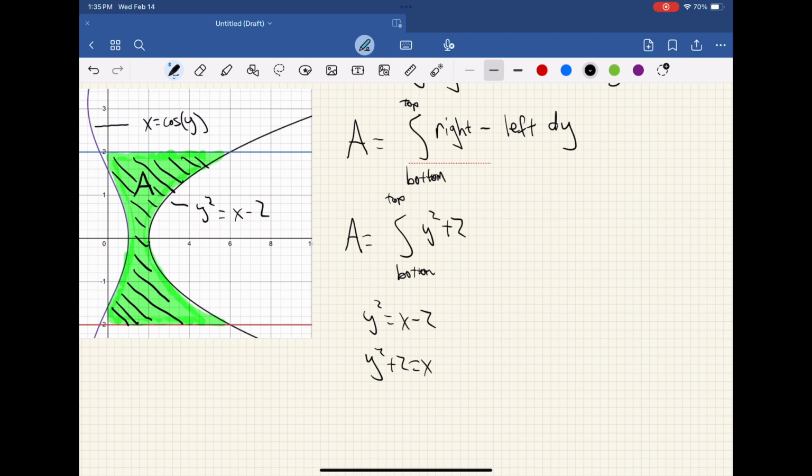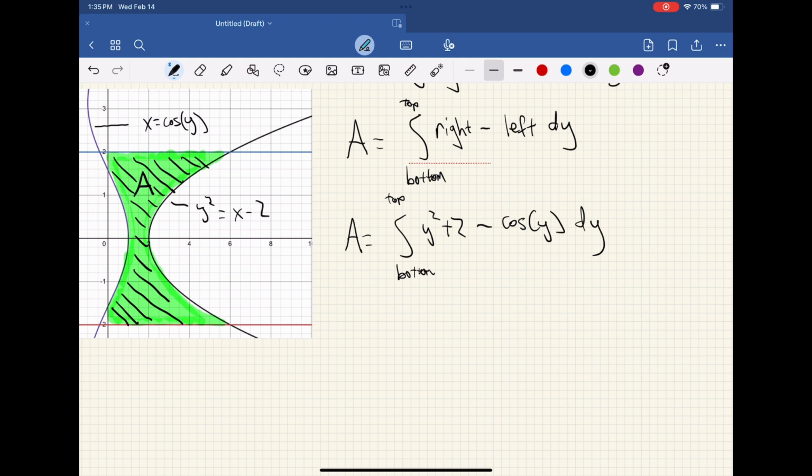Okay? And then our leftmost function, which is what we're going to subtract, is x equals cosine y. So cosine y dy. So our integral for our area is going to be the integral from the bottom to the top of y squared plus 2 minus cosine y dy.